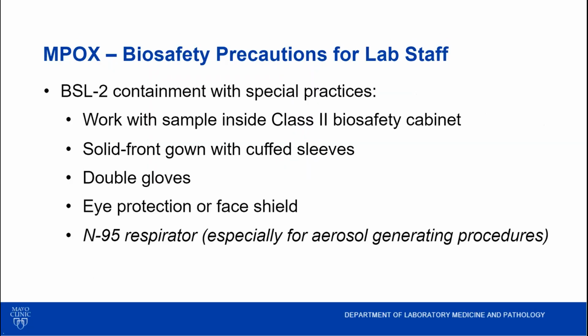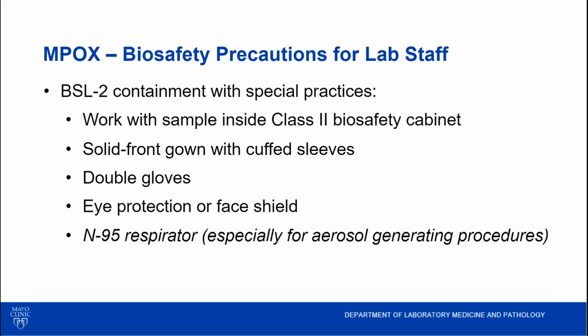So in those situations, what we want to do is have our laboratory staff working with samples inside of a Class 2 biosafety cabinet. They should be wearing a solid front gown with cuff sleeves. They should be double gloved and wearing eye protection or a face shield.